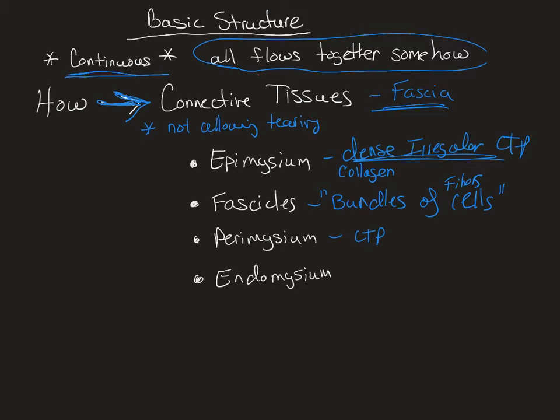It's probably just better to think of it as a fascia or connective tissue proper, a fibrous CT. And that's going to go around all of the fascicles. And then around each cell is a thin smear of areolar CTP. And that is going to be the endomysium.